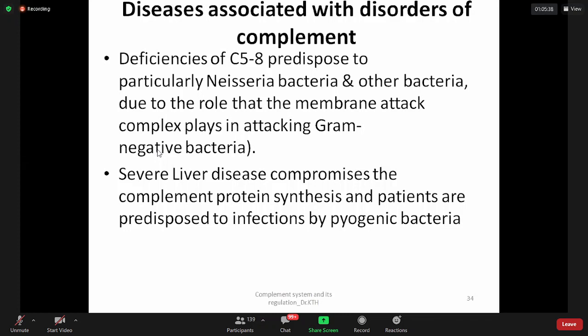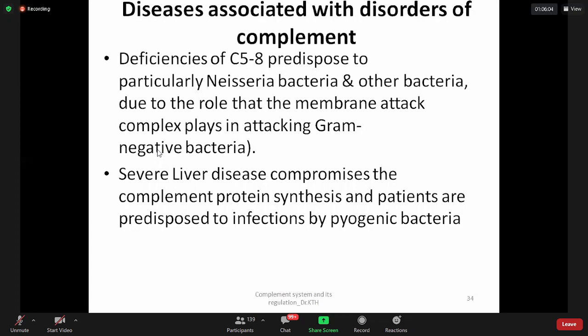These individuals are particularly at risk of getting Neisseria. If it is Neisseria gonorrhea, someone will have recurrent gonorrhea, simply because they are not able to form a membrane attack complex that destroys Neisseria gonorrhea, but also Neisseria meningitidis.